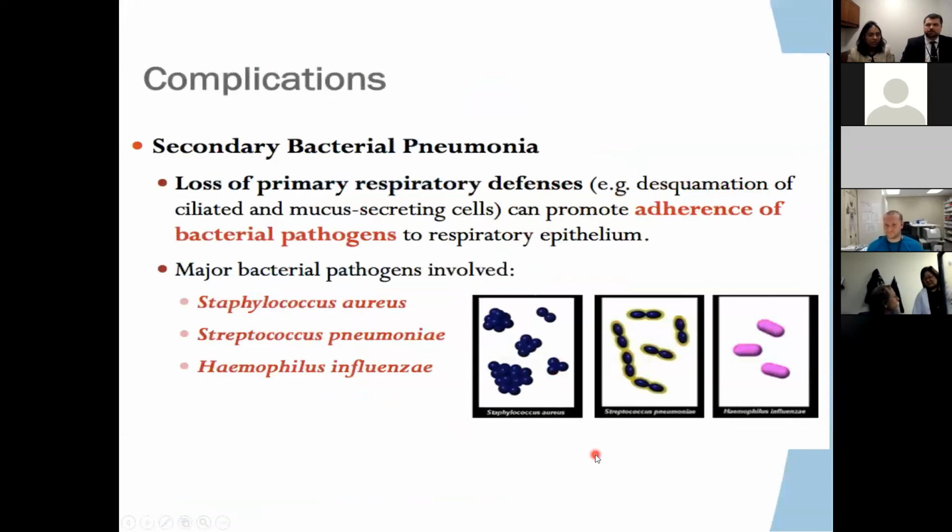This is really important too. During influenza season, when patients get influenza, they're at high risk for getting a secondary bacterial infection. The biggest bacteria to worry about are Staph aureus, Strep pneumo, and also some gram-negative bacteria like Haemophilus influenzae.